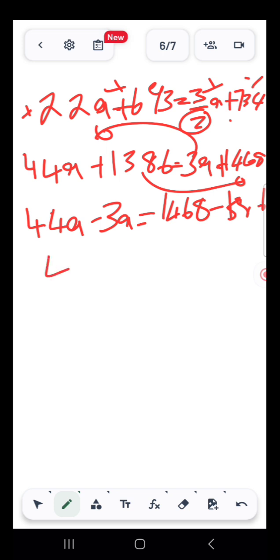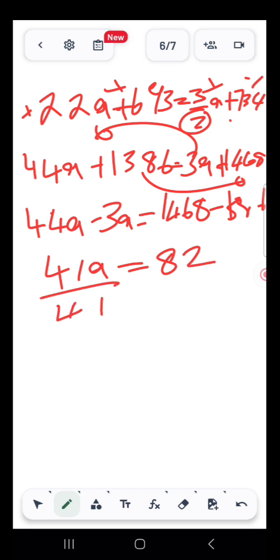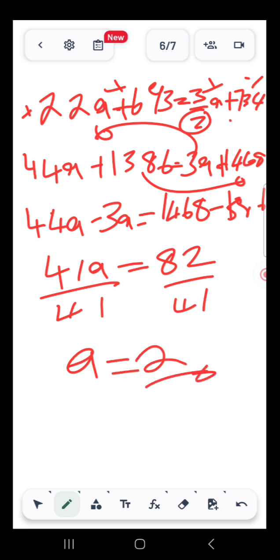Then we have 41a equals 82. Divide by 41 on both sides, so a will be equal to 2. So our answer for the first term of the geometric and arithmetic sequences is a equals 2.